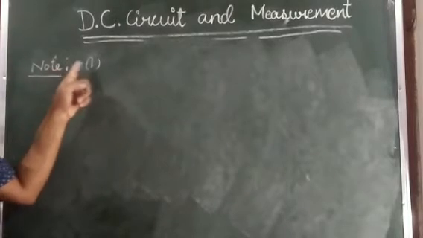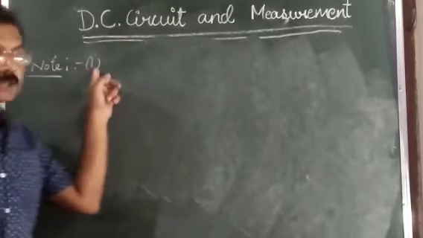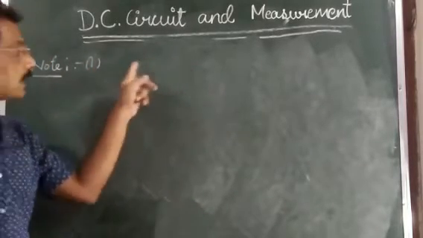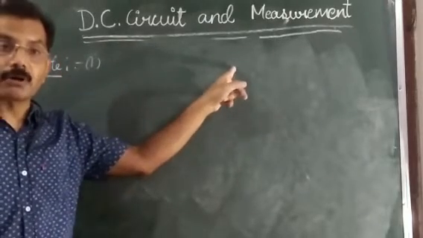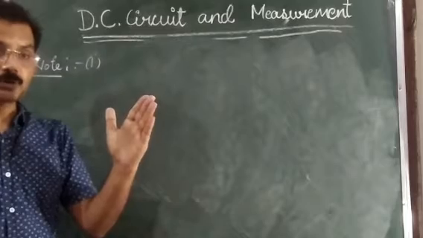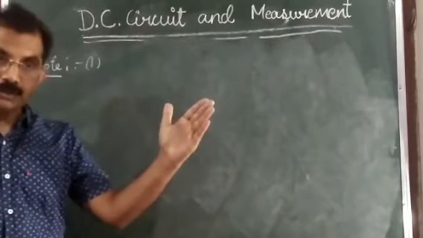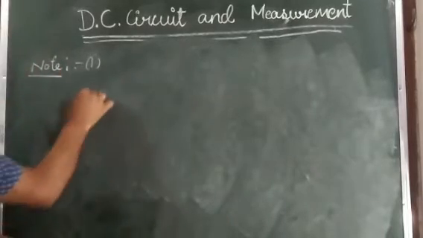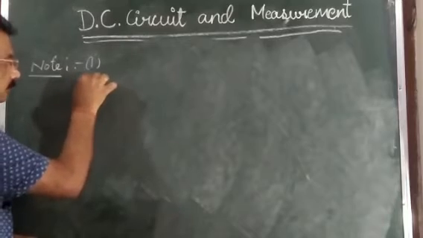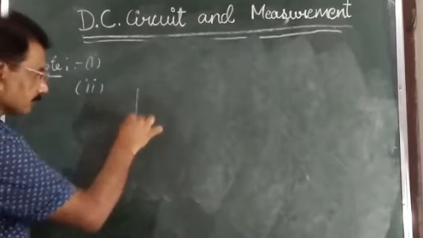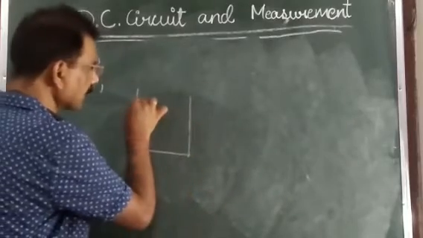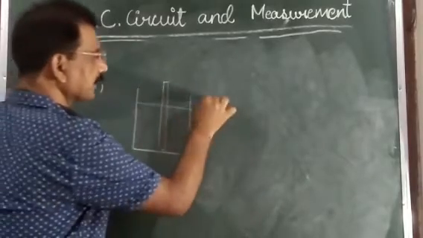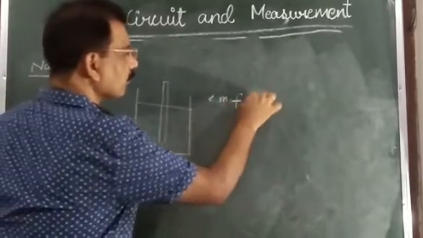Now, some important points regarding the EMF of a cell. The first point: the EMF of the cell, as I already told you, does not depend on the shape and size of the electrodes, or the distance between the electrodes, or the quantity of electrolyte. Second point: suppose this is a dry cell, and its EMF is 1.5 volt.